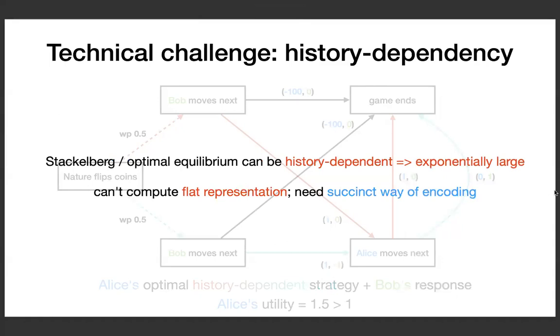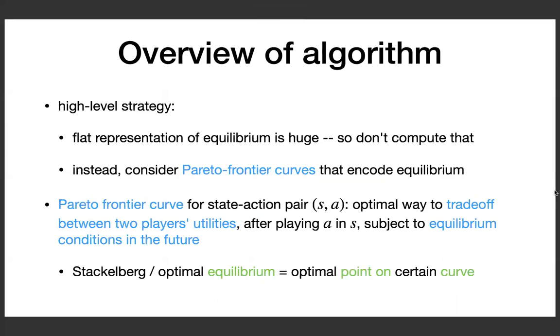What that tells us is that the flat representation of these equilibria is exponentially large. So we can't just compute the flat representation. We need to encode them in some succinct way. Now we're ready for an overview of the algorithm. The high-level idea is that we know the flat representation is huge, so we don't compute that. Instead, we look at the Pareto frontier curves that encode the equilibrium.